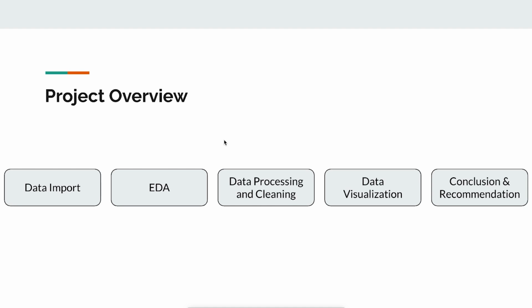And as I said, we're going to be processing and cleaning data to best prep for insight building and visualization. And then we're going to be using some visualization tools to build nice plots and charts so that you can easily share them with other stakeholders. And then from these plots, you can draw a nice conclusion and recommendation for the leadership.